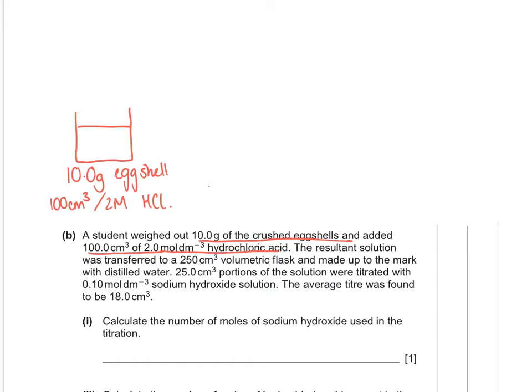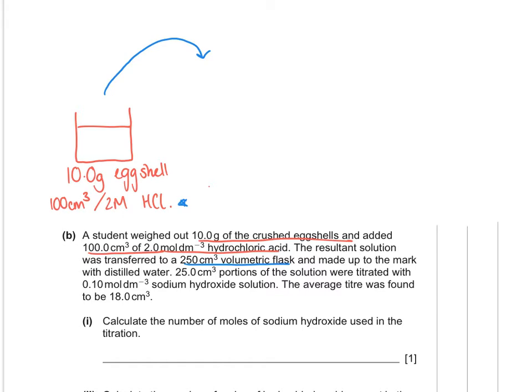And the next step is that the resulting solution is transferred into a 250 volumetric flask and made up to the mark. So let's think about what I'm transferring here. I'm transferring into the volumetric flask my solution. But what does my solution contain? Well, some of the hydrochloric acid will have reacted with the calcium carbonate in the eggshell.